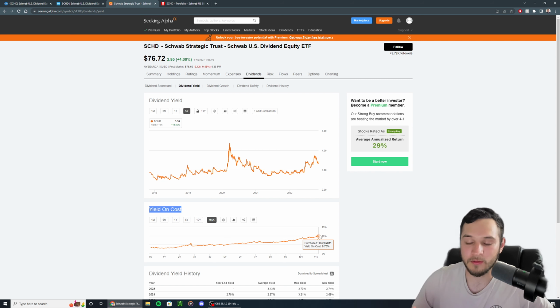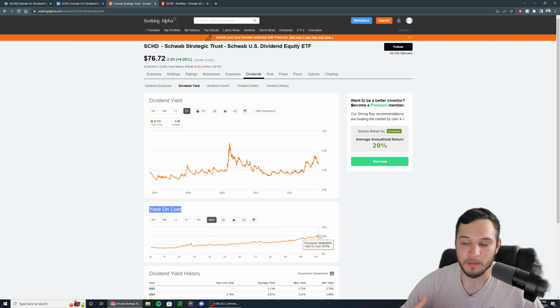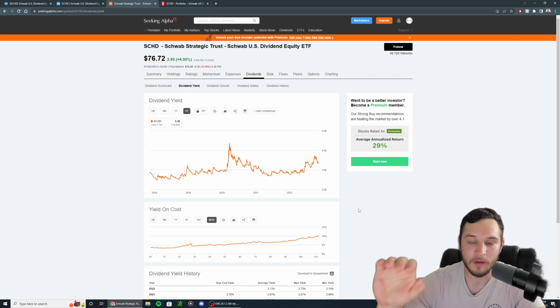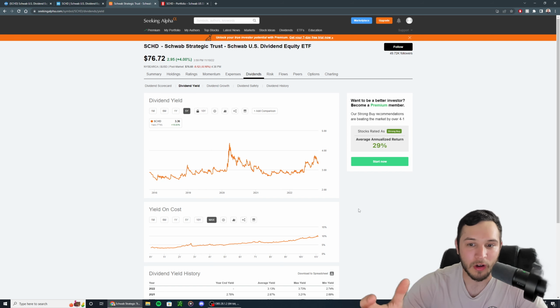So what that means is if you had bought this 11 years ago, because these dividends are growing, as you hold the fund longer, the dividends are increased, so your initial position is giving you more and more dividends. What I mean by that is, let's say you buy a stock for $100 and it's paying a 5% dividend yield, so $5 per year.